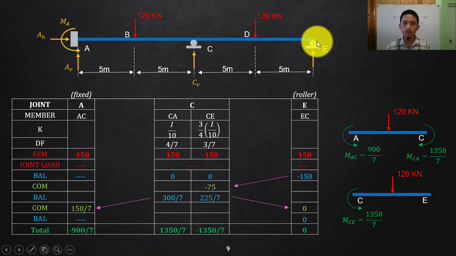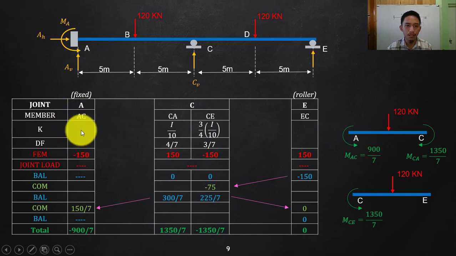Even if there is an existing moment there, you cannot say that I will be distributing that one because that is only a single member connected. But let's say there is another member connected, and that's the time you need to solve your distribution factor. So you do not need to be solving your K, but if you want, you can do it. But again, that will be useless since we will not be using that one.